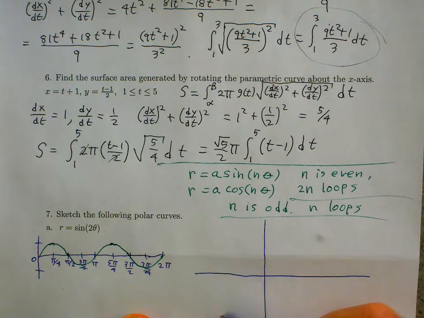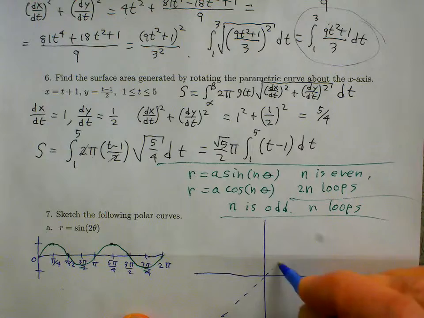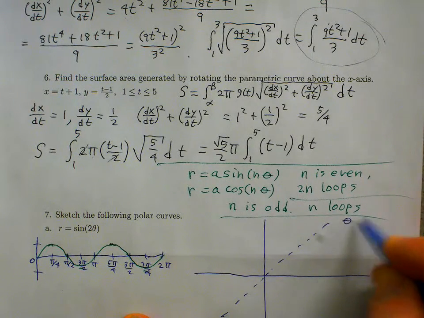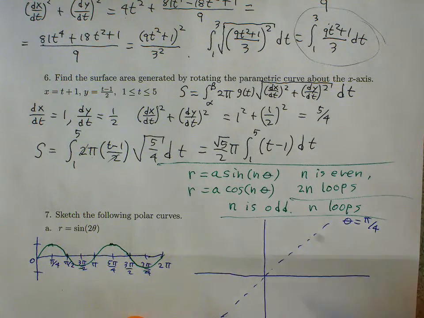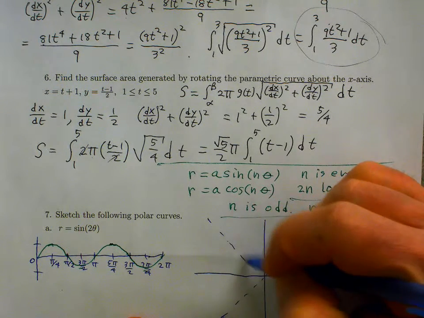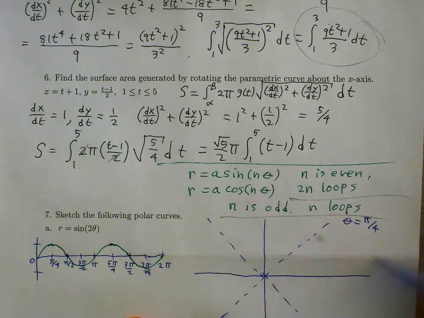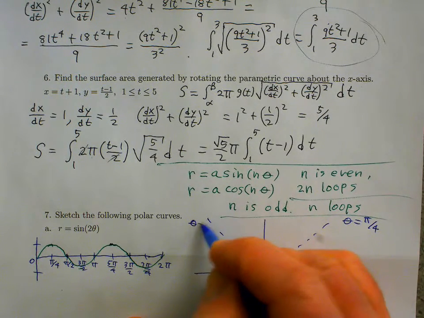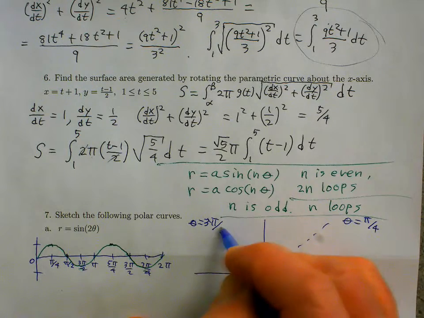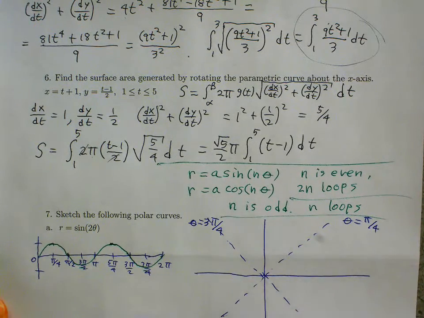Okay, so I'll put these dashed lines where this one is theta equals pi over 4. This one is theta equals 3 pi over 4. Okay, so starting at 0, r is 0 when theta is 0. When theta is pi over 4, the r value is 1.